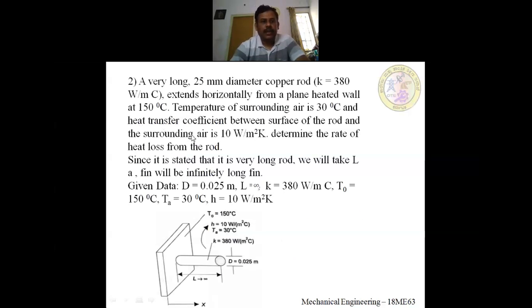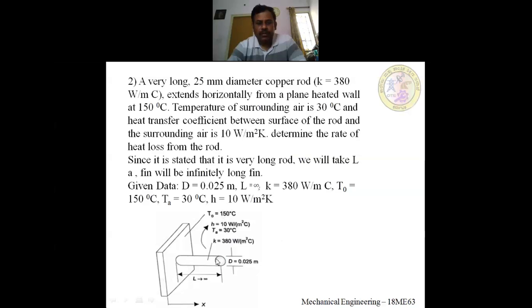Next, second problem. A very long 25 mm diameter copper rod having thermal conductivity 380 watt per meter degree Celsius extends horizontally from a plane heated wall at 150 degrees Celsius. See, this is a fin of circular cross section because they have given the diameter, 25 mm, and it extends from a plane heated wall at 150 degrees Celsius.